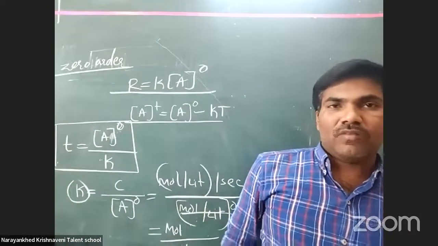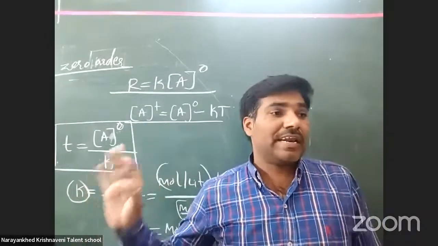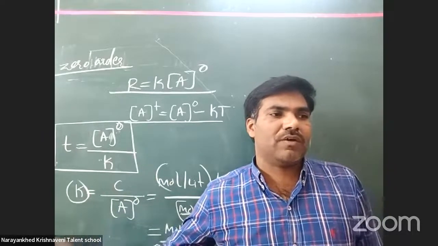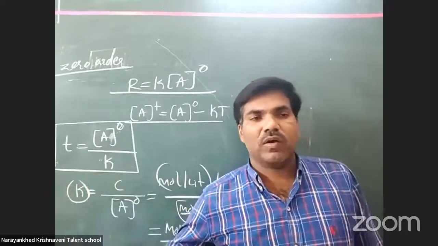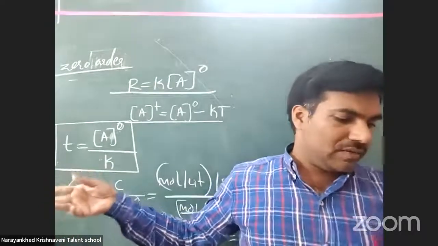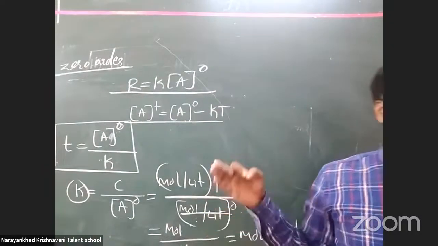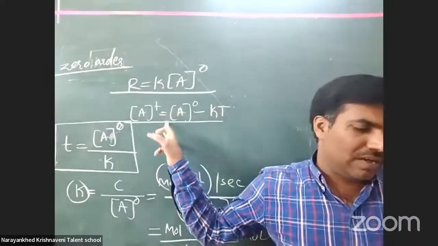Understood all of you? First thing is about the zeroth order. The zeroth order rate law looks like R is equal to K into A to the power of 0. Second thing is that the concentration of the reactant decreases linearly with time.